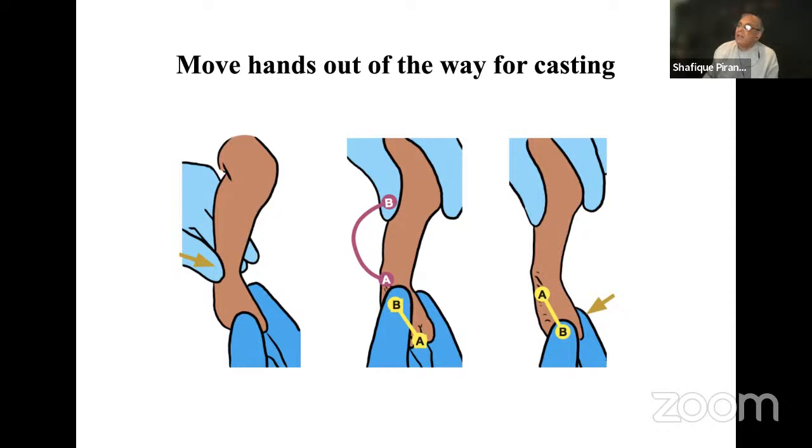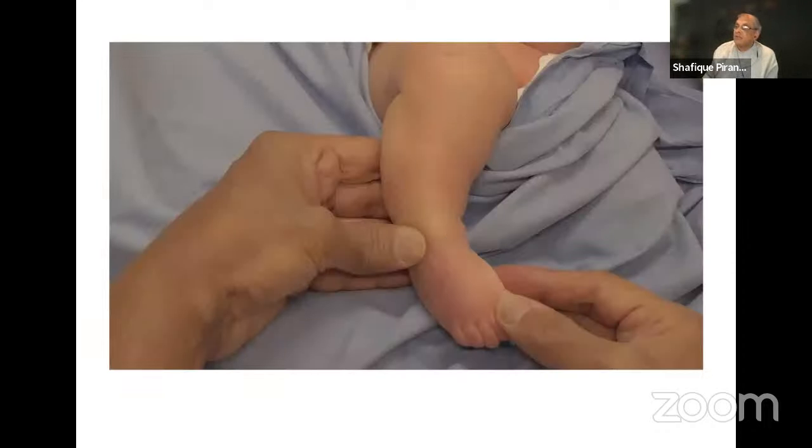And once my left hand is up and the thumb is on the outside of the knee, pushing against the lateral aspect of the proximal leg, my right thumb can move back to where it needs to be, whilst the index finger is providing counter pressure. That's how I get my hands out of the way. And maybe I can show you in the little movie how that happens too.